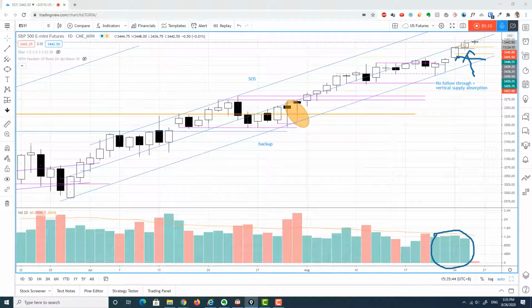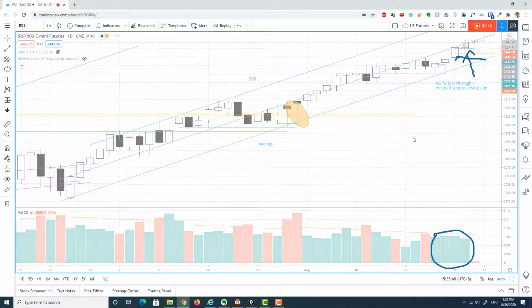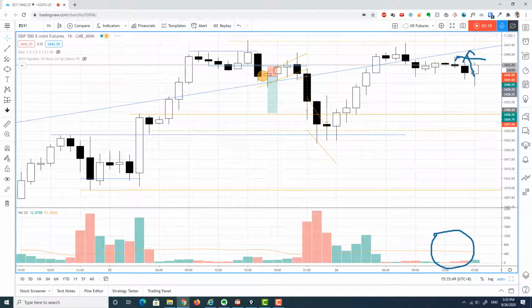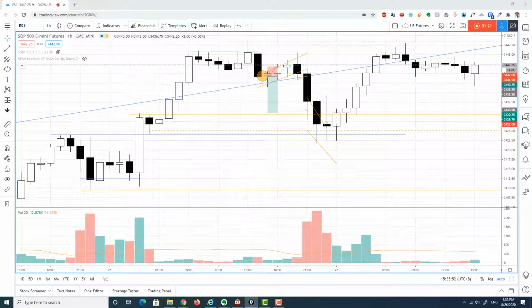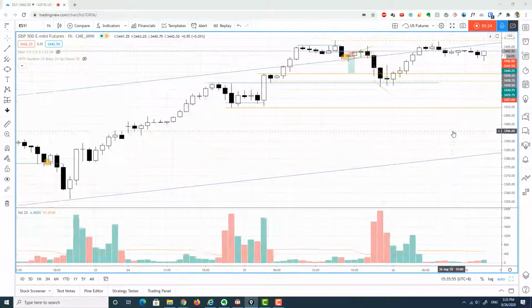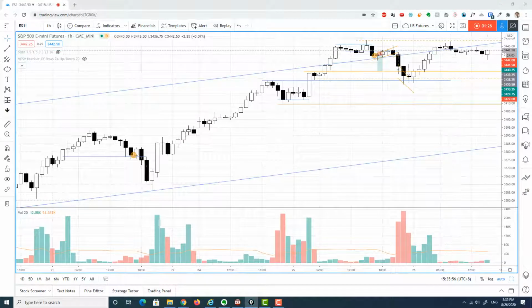Let me dive into the hourly time frame and we'll elaborate a bit more on what's happening in yesterday's session. We can see that yesterday was a bullish day, but we have a reaction during the first 2 hours of the US opening session.